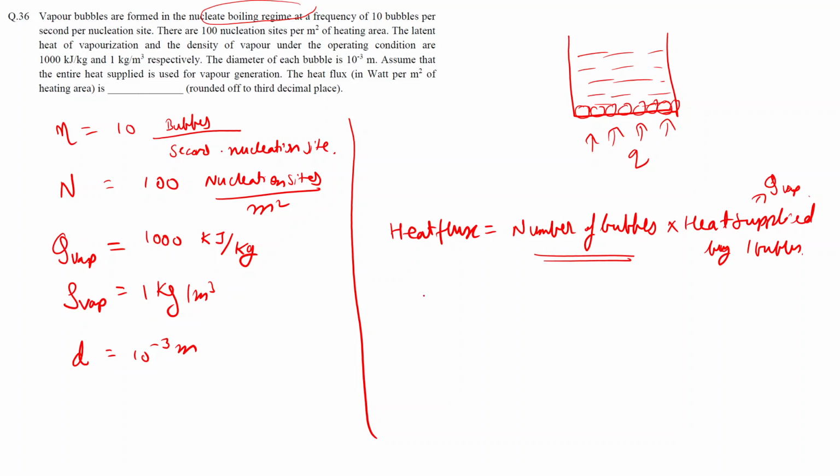To find the number of bubbles, let's just find the volume of a bubble. The volume is defined as 4 by 3 pi r cube, which we can write as pi by 6 d cube. The diameter of bubble we have been given as 10 raised to minus 3 meter.